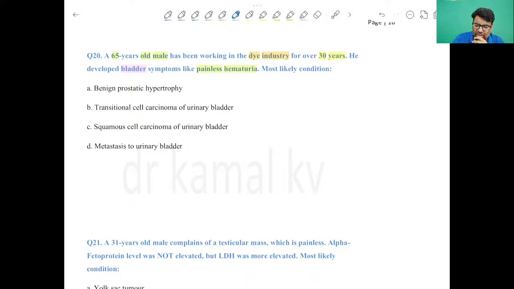So what we can see here, chronic exposure to dye, right? So there is chronic exposure to dye, and now the patient is having painless hematuria.